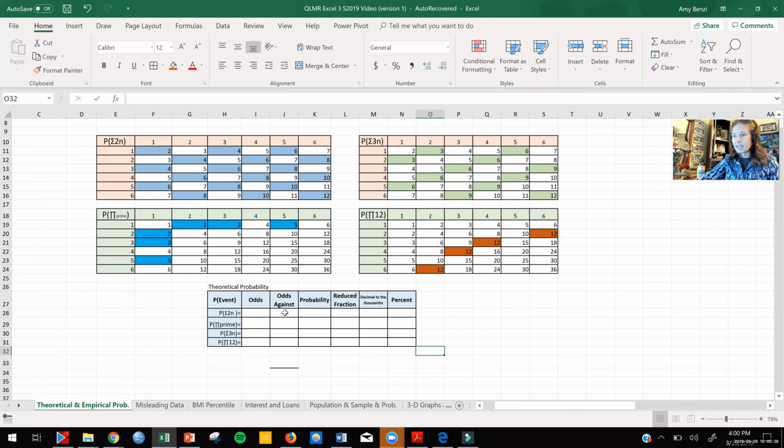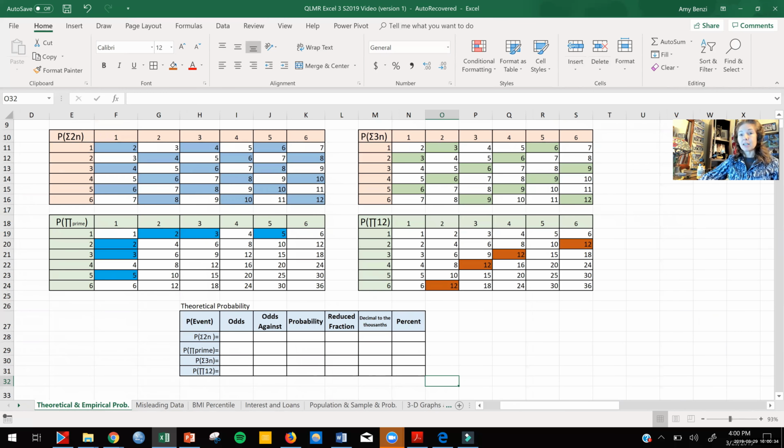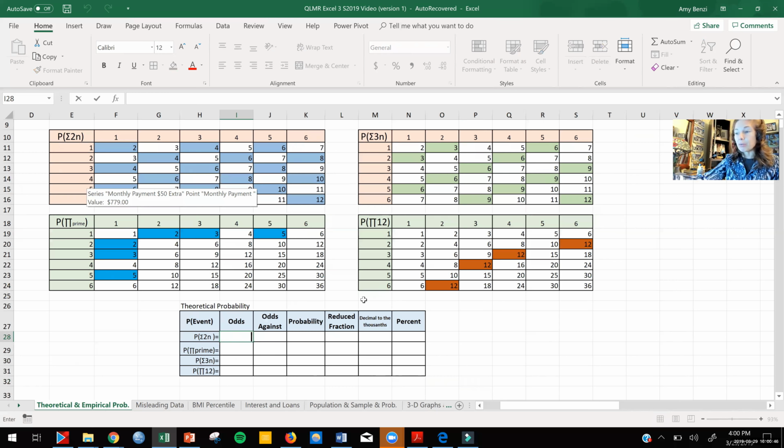All right, now for the odds, remember our PowerPoint slide. The odds are whatever we want on top and whatever we don't want on bottom. So the odds of rolling an even number, if you count up all of these, you end up with what? 18 over 18. 18 blues and 18 whites.